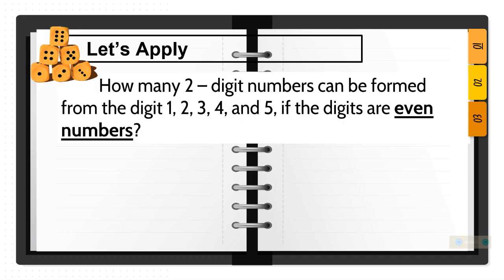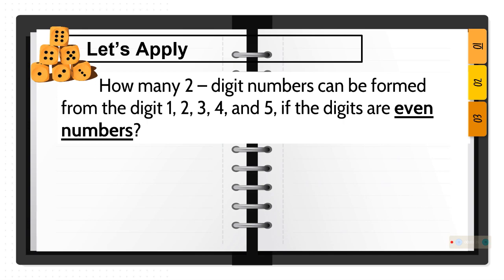Okay, next, let's apply. How many 2-digit numbers can be formed from the digits 1, 2, 3, 4, and 5 if the digits are even numbers? Okay? So we all know that even numbers are those numbers ending in 0, 2, 4, 6, and 8.